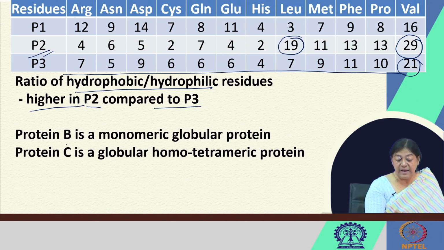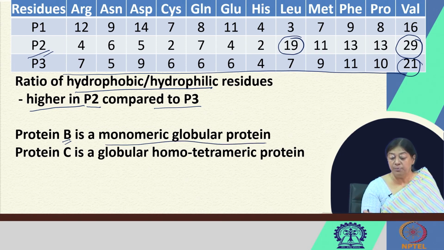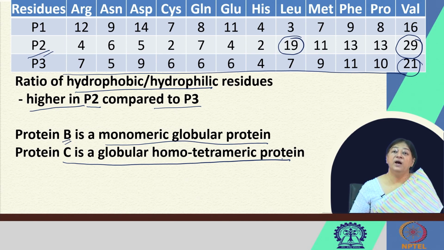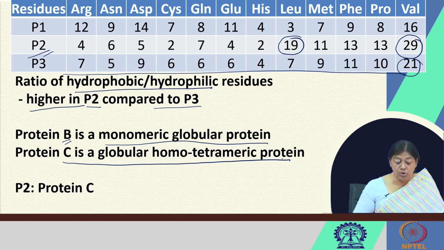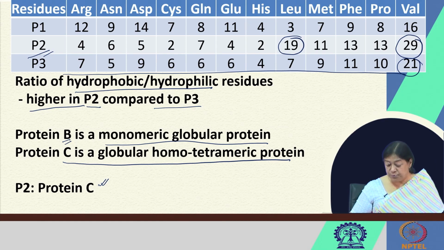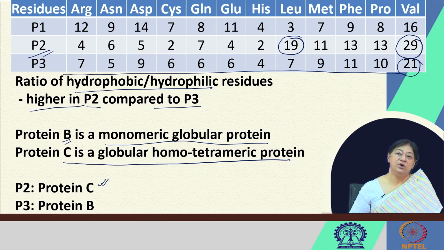Now, we know for a tetrameric protein there are going to be more hydrophobic contacts. So, we want to look for a higher hydrophobic ratio, and what do we see? We see a higher hydrophobic ratio for P2, which means that P2 corresponds to protein C and P3 will correspond to protein B.